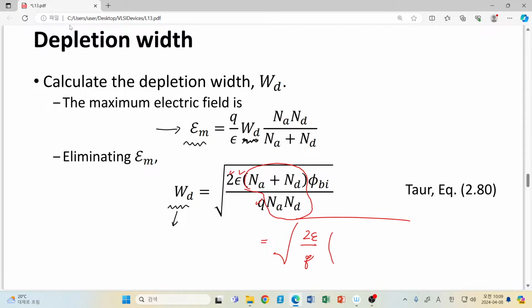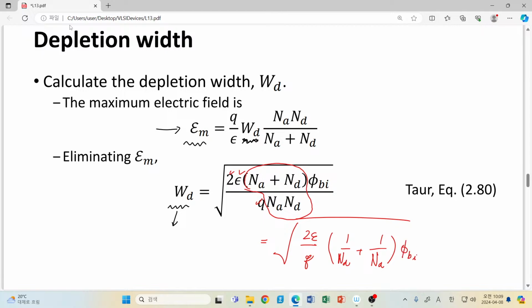How can you summarize it? This is Na divided by Na Nd, so it becomes just 1 over Nd. And the second term, this Nd term, is divided by Na Nd. Yes, it is nothing but the inverse of Na, and phi Bi.